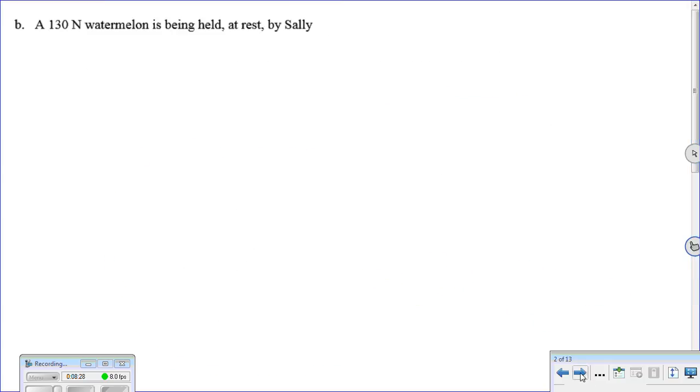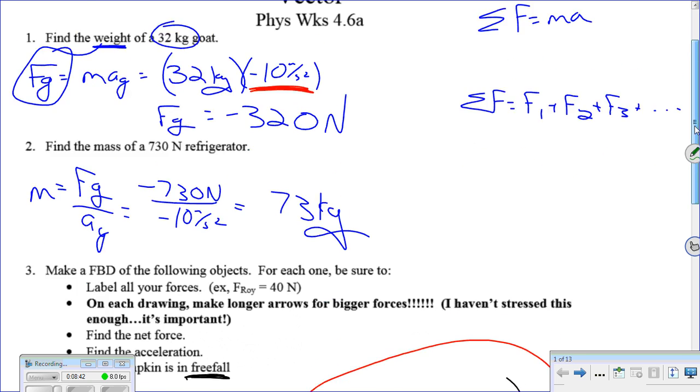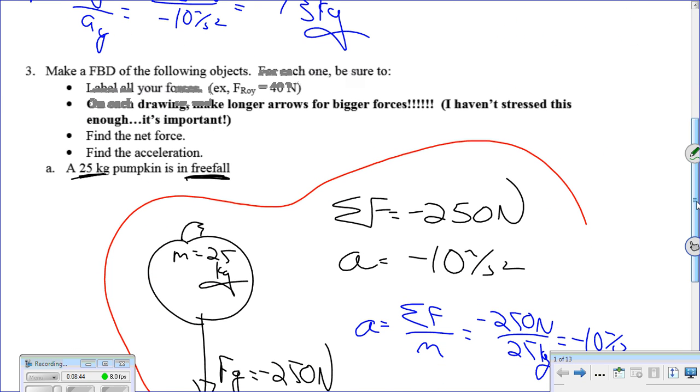All right. B, a 130 Newton watermelon is being held at rest by Sally. So, start by drawing the object. Oh, one quick thing real fast. On this, I forgot to talk about this. When you're making your drawings, this is something I have not stressed yet, but it's going to be important on the final: when you draw your force arrows, the bigger the force is, the longer your arrow should be.